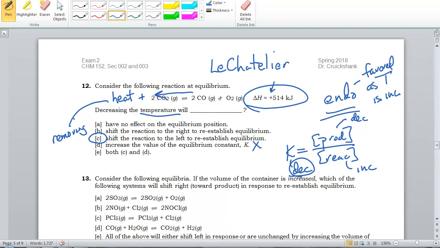You can think of spontaneous or pushing that reaction in the forward direction. So increasing the temperature for endothermic is going to shift it to the right, toward product. Doing the opposite, endothermic reactions need heat. You pull energy out of that system, that's not going to favor that endothermic reaction, and it's going to shift back to reactant. I don't know if that helps think about this a little bit differently than we just did.